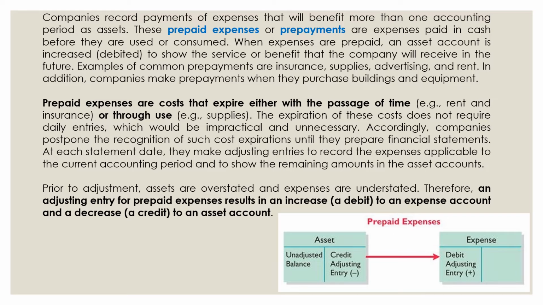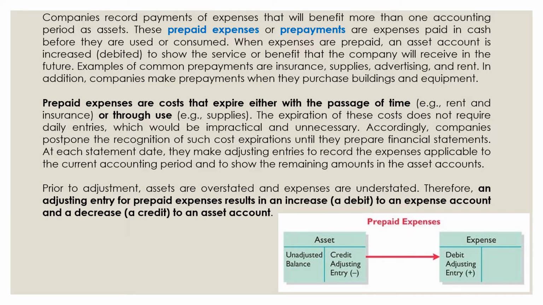Companies record payment of expenses that will benefit more than one accounting period as an asset. These prepaid expenses, or prepayments, are expenses paid in cash before they're used or consumed.